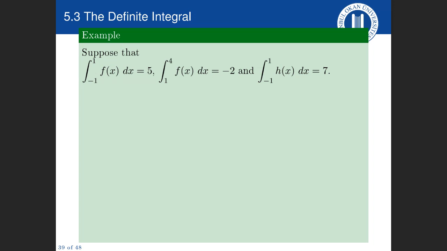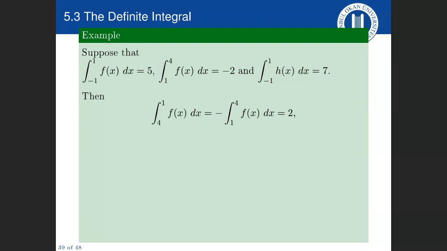Let's do an example which uses these rules. We are told that the integral of f between minus 1 and 1 is 5. The integral of f between 1 and 4 is minus 2. And the integral of h between minus 1 and 1 is 7.